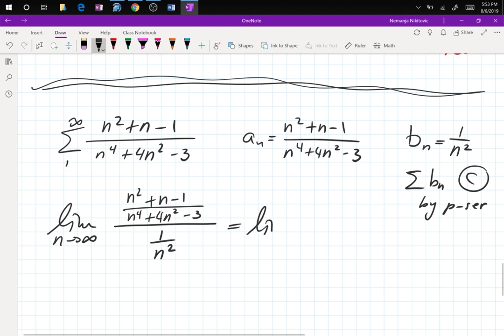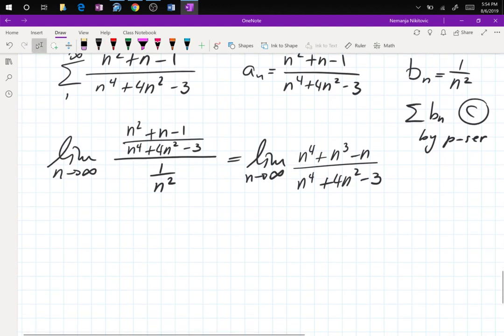When you deal with a double fraction, you get the limit of n to the fourth plus n cubed minus n divided by n to the fourth plus 4n squared minus 3. And now it's calculus 1. You know that you just look at the highest exponents and the limit is 1.